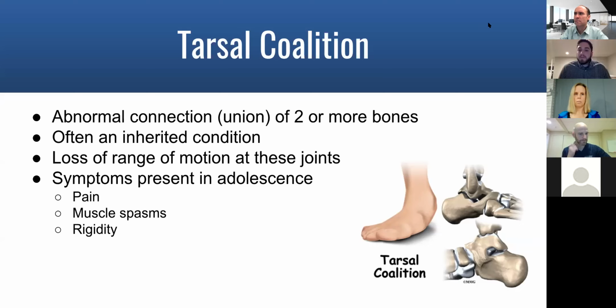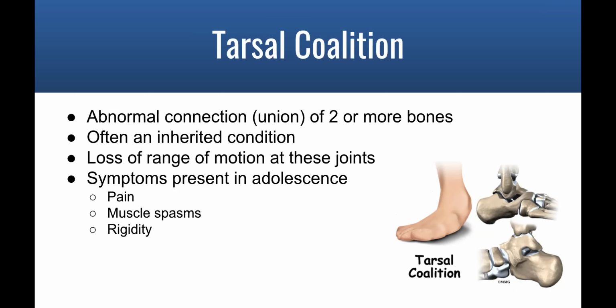When you have a union, especially across a joint, it's like an abnormal fusion. You'll lose range of motion at that joint. And since we're born with mostly cartilage, as our bones develop, around 8 years old up to 16 years old, as cartilage becomes bone, that's when you'll actually see that some symptoms may present.